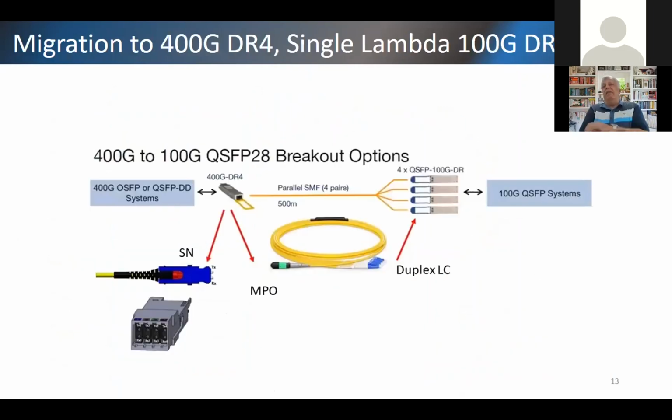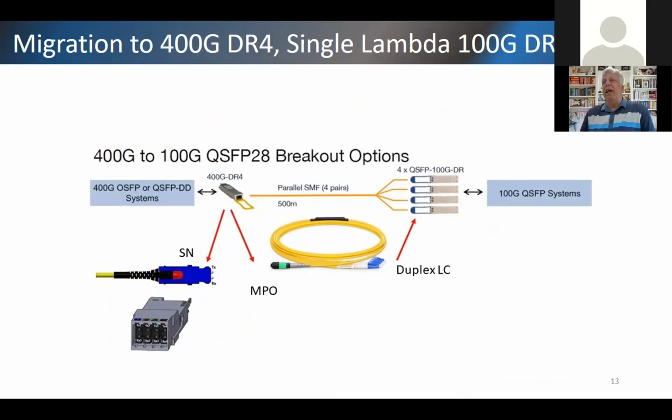So you're going to have, in this case, a DR4 transceiver for 400 gig. It can also be used with an XDR4 transceiver, which is really four FR4 signals.